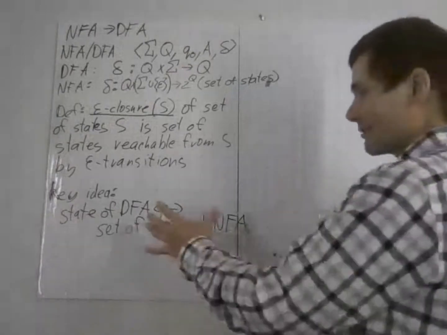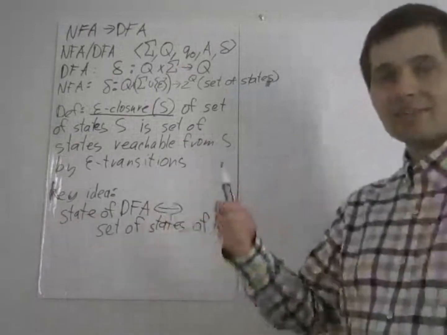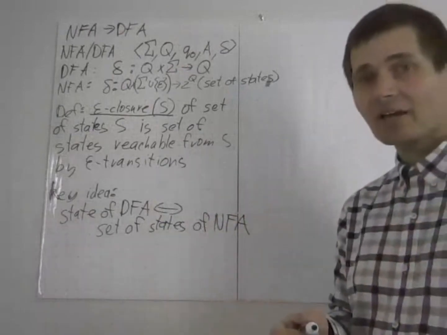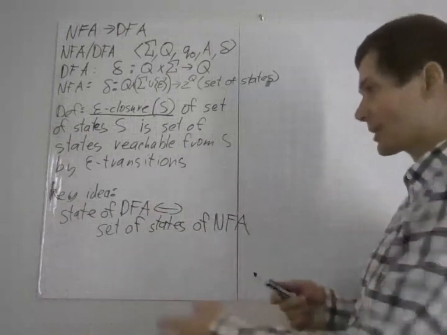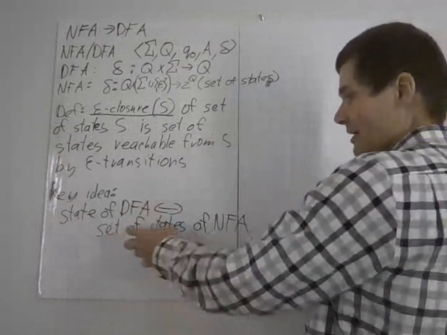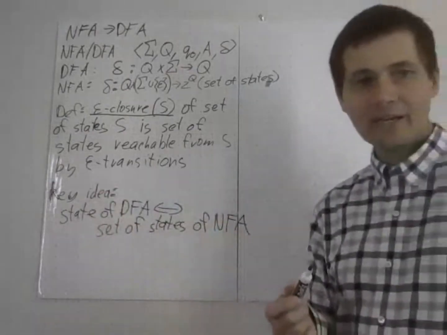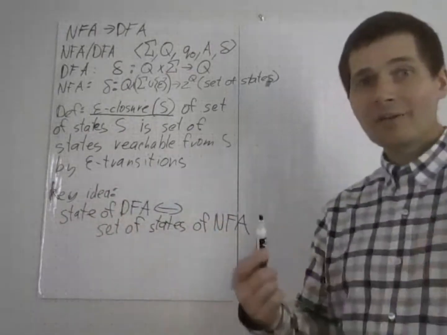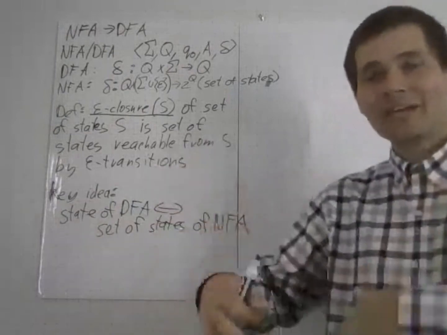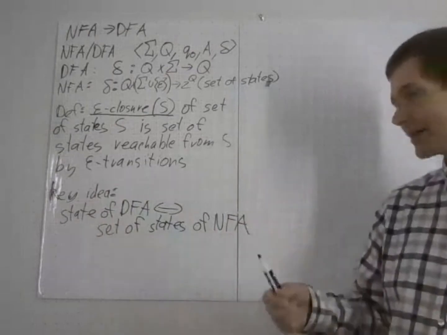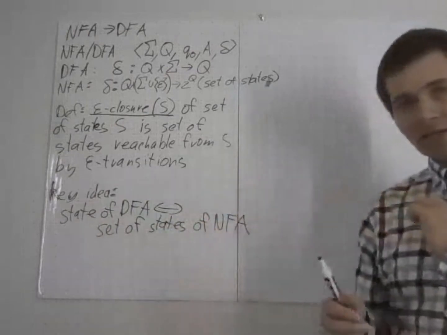So the idea is that for any possible subset of the states of the NFA, we're going to call each subset of the states of the NFA one of the states of a DFA. And that way, the DFA, even though it's only deterministic, can reason about entire sets of states in the NFA.